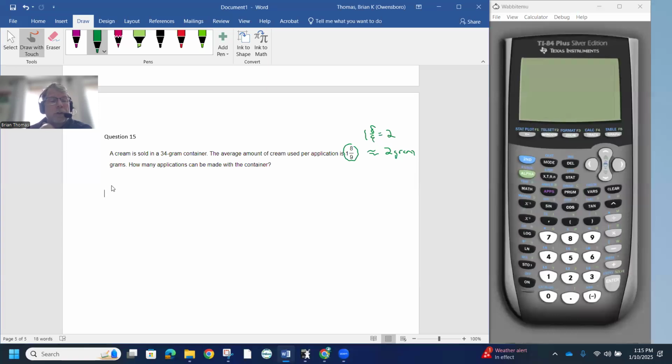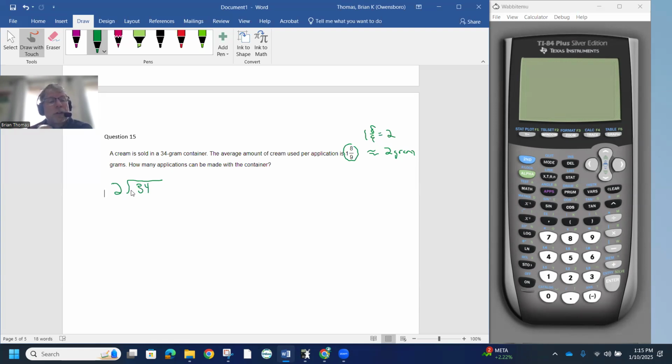In other words, you could be asking yourself, how many twos does it take to get 34? That sounds like division.